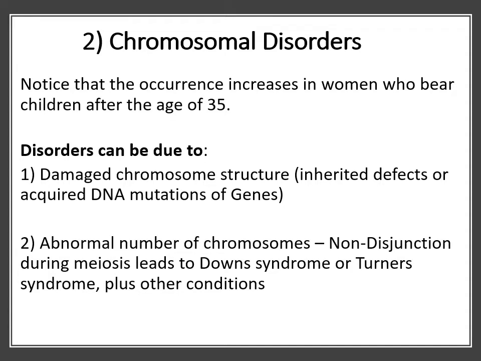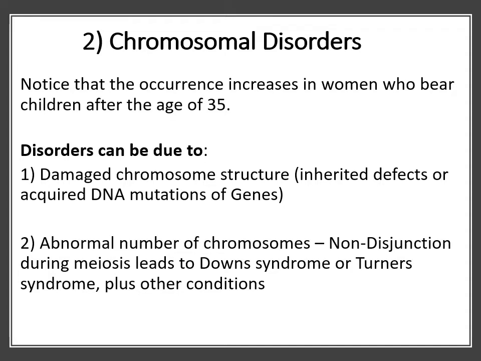So, these disorders increase over the age of 35 in women, right? So why? Well, women are born with all of their eggs at birth. They have approximately 300 to 350 eggs at birth.